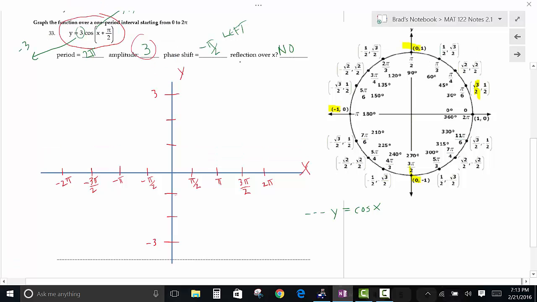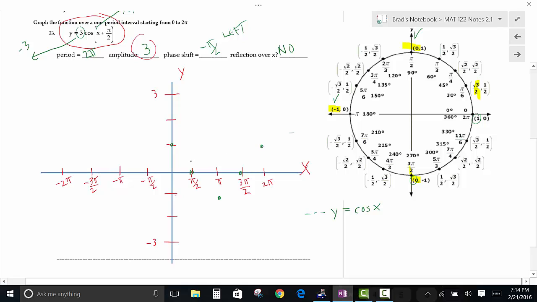And then we're going to fill those out. We don't need to do a table of values anymore. That's really unnecessary. So if you begin to look at this, at 0 radians, cosine takes on a value of 1. At pi over 2 radians, cosine is 0. At pi radians, the cosine takes on a value of negative 1. At 3 pi over 2, cosine is 0. At 2 pi, cosine is 1.